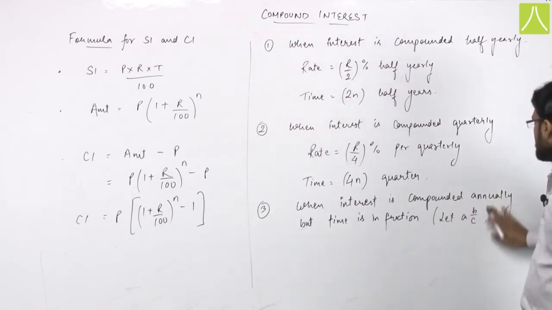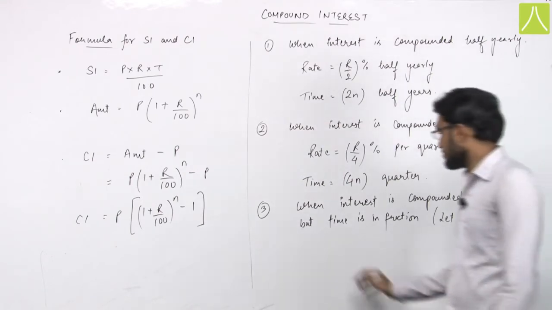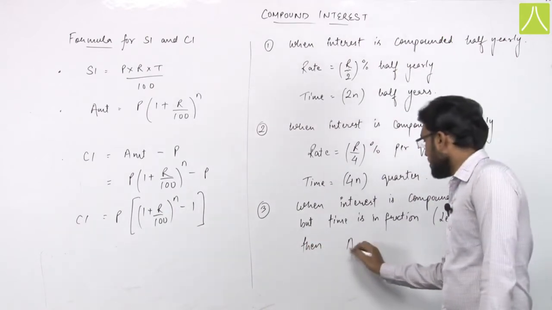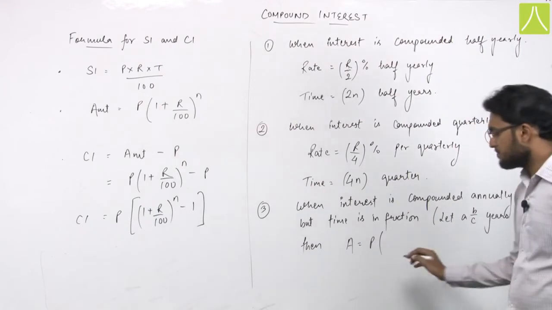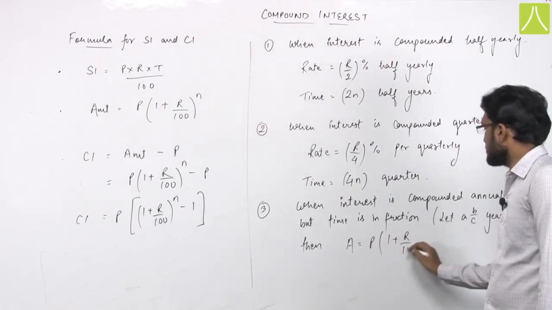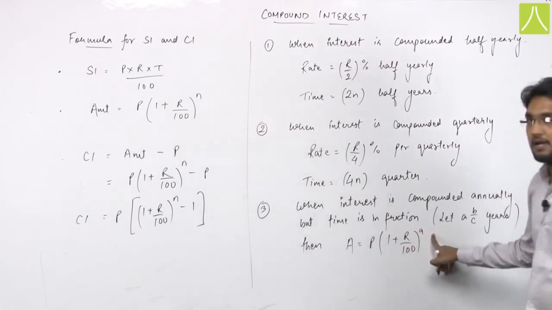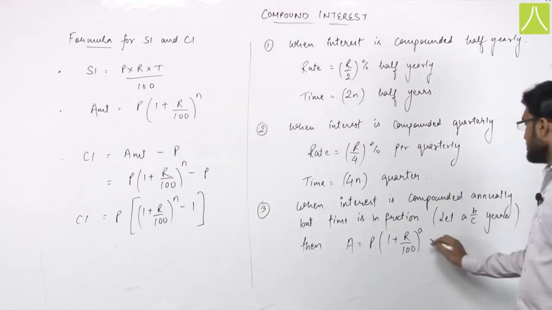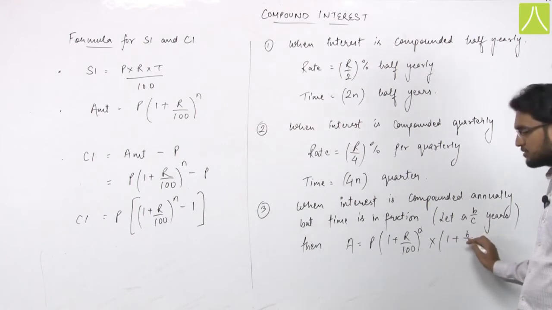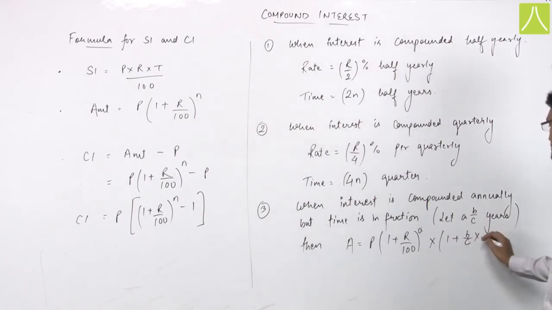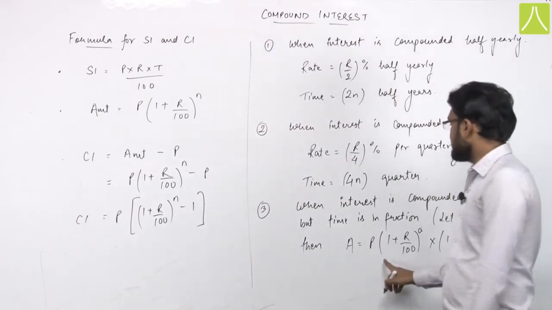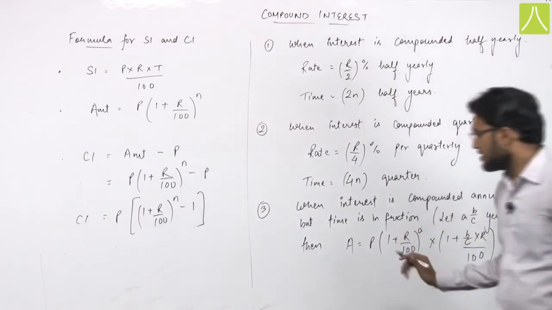If the time is given as a mixed fraction, then first of all I am going to calculate the amount. The amount is going to be principal into (1 plus r upon 100) to the power a, where a is the complete years, into (1 plus (b upon c) into r upon 100), where b upon c is the remaining time. This is the formula when the time is given in a fraction.